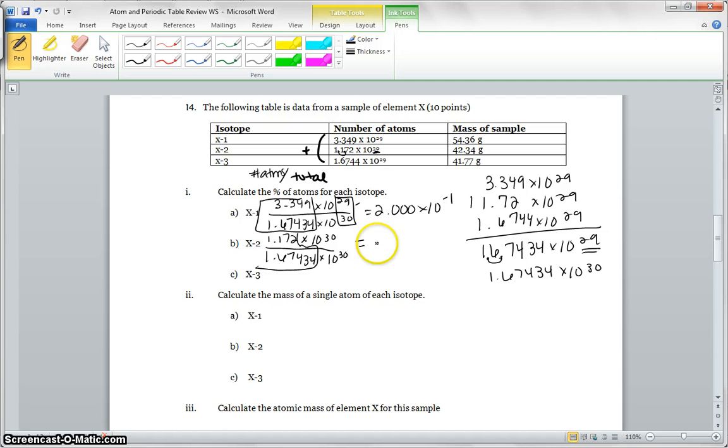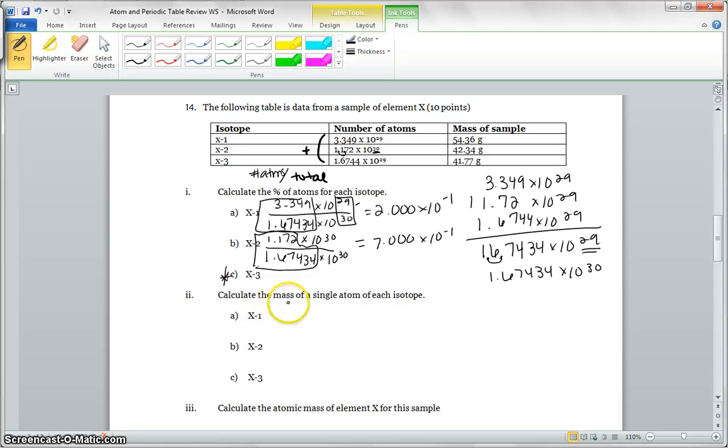And then this one you should get 7.000 times 10 to the negative 1. I plugged it into my calculator wrong. Last one, I'll let you do this one by yourself to make sure that you know what you're doing, and check it with the answer key.